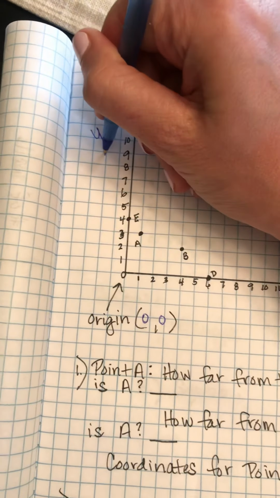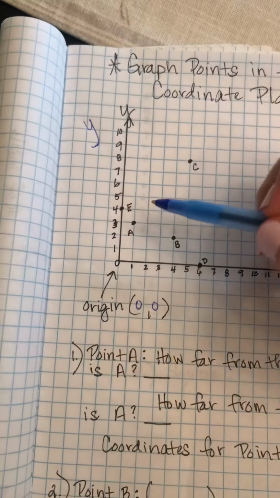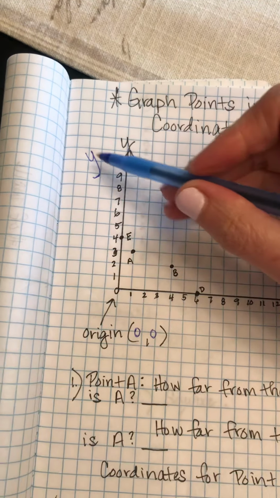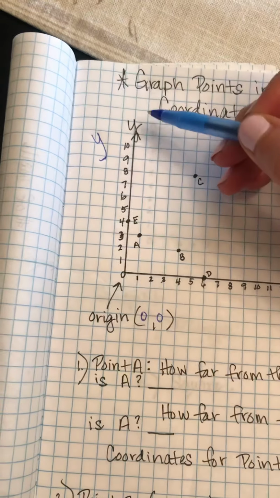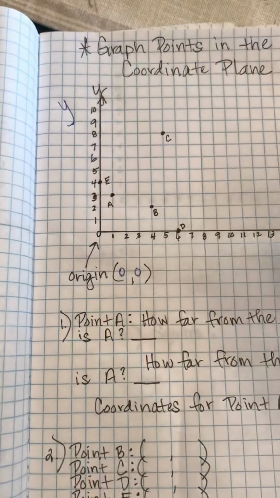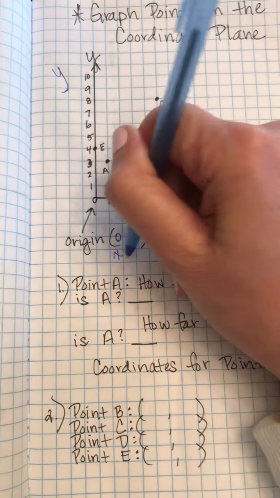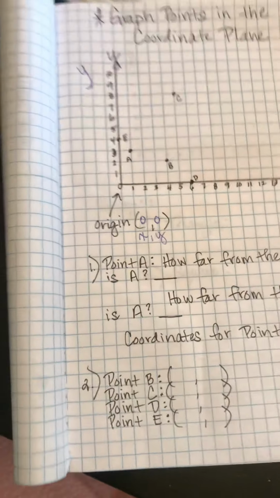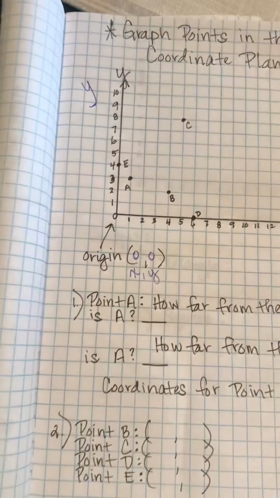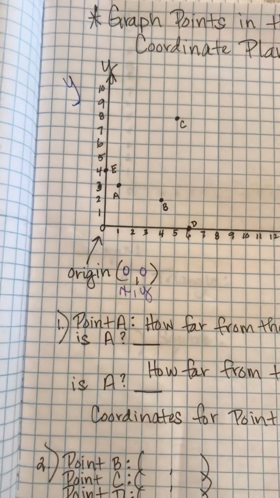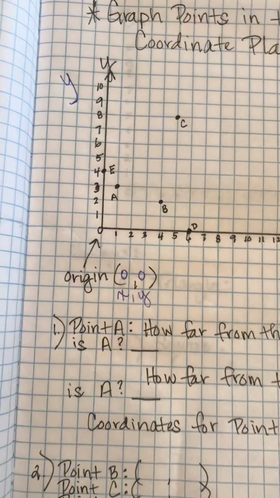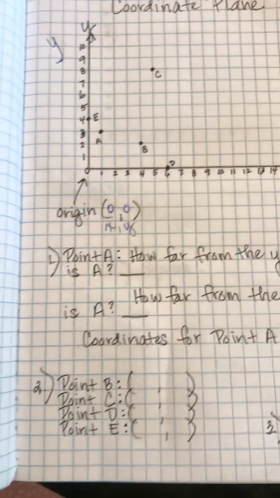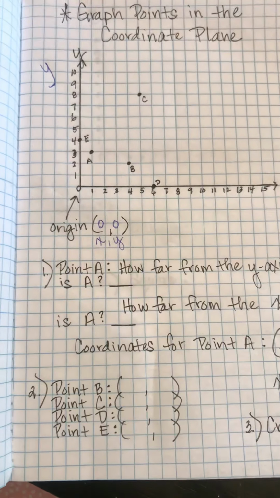So up and down, the vertical one is the y because it has a long stem, okay? X always comes first and y always comes second, just like in the alphabet. So alphabetically, x is first and y comes right before z, so y is second. So that is the order that we have to list our coordinates, okay?